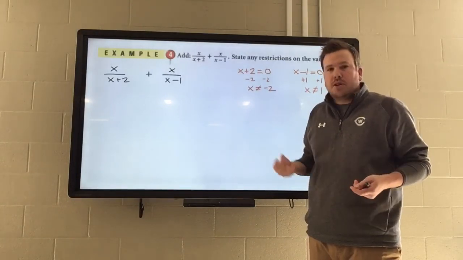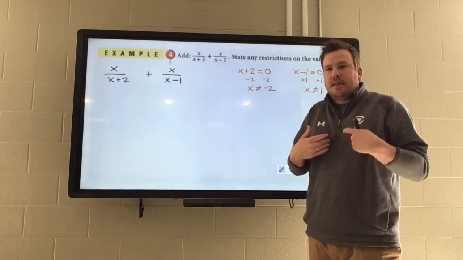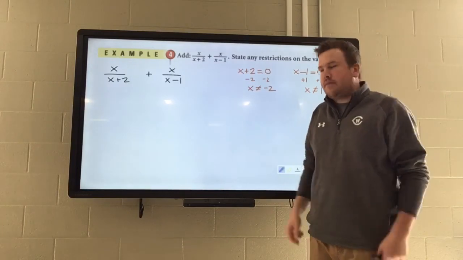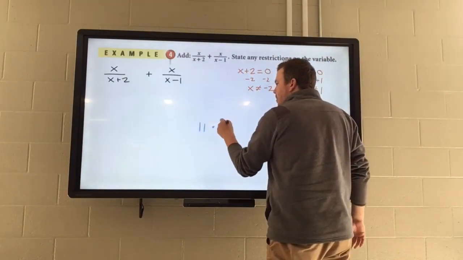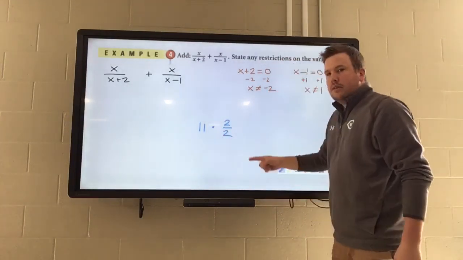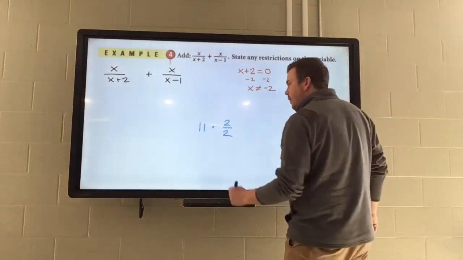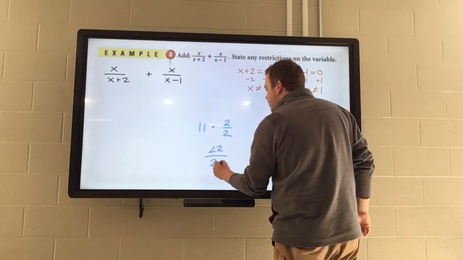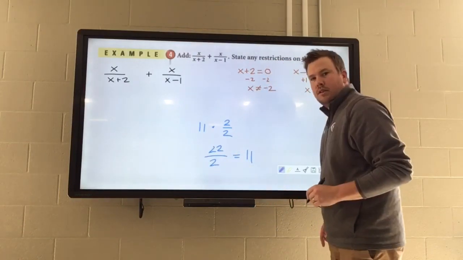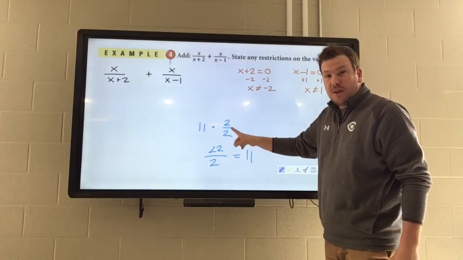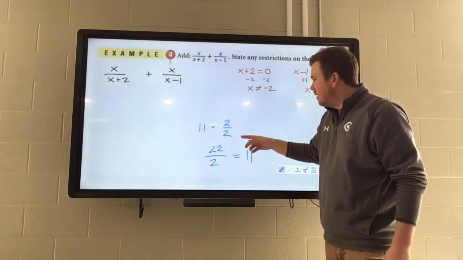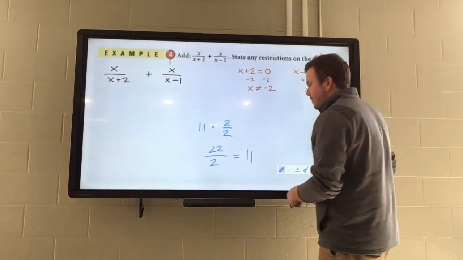My favorite number is 11. 11 times 1 would still be 11. And even if I multiplied 11 by a really fancy form of 1, let's say 2 over 2, because 2 divided by 2 is 1, that would still give me 22 over 2, which equals 11. So even if my 1 doesn't exactly look like 1, if it's a fancy form of 1, it still will give me the same answer.